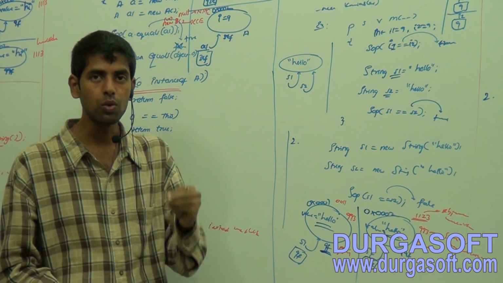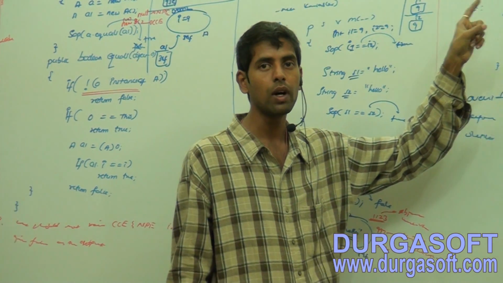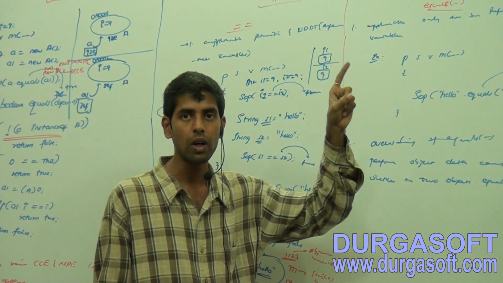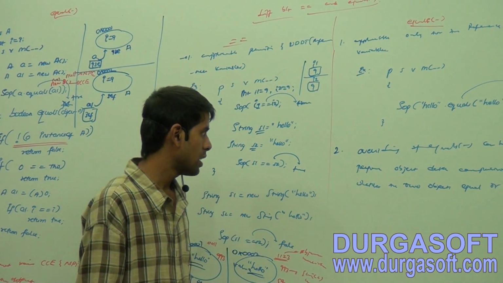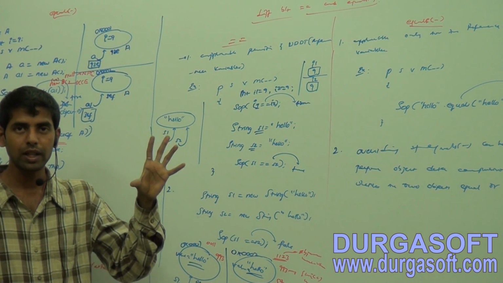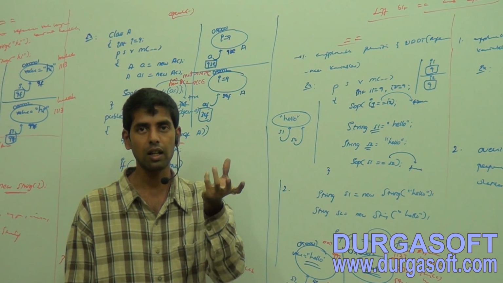In order to do that, you go for equals method overriding. Here we are overriding the equals method in a particular way to perform object data comparison.